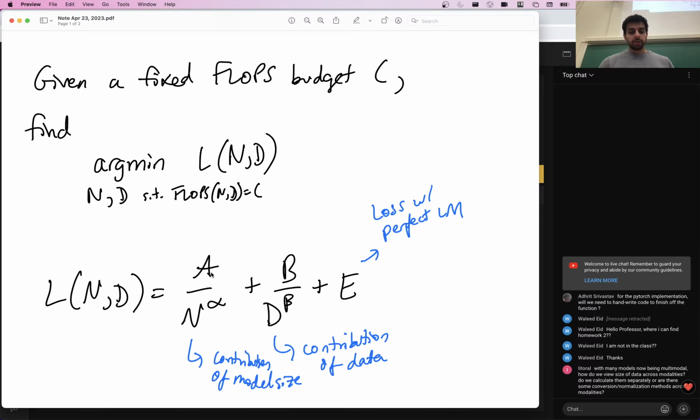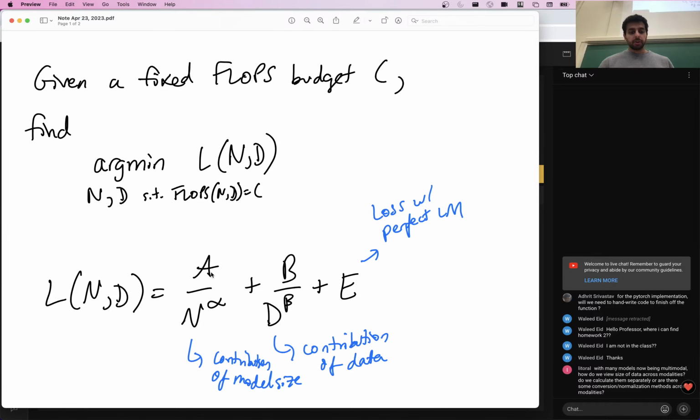We can start with E. We see that E is not associated with the model size or the data set size. So you can view this as we're trying to estimate the loss, right? If we have an infinitely large language model trained on all the data in the world, essentially a perfect language model, we couldn't do any better in terms of model size or data set size.